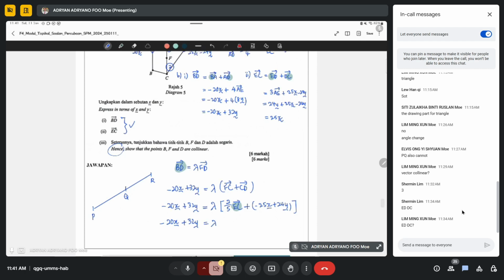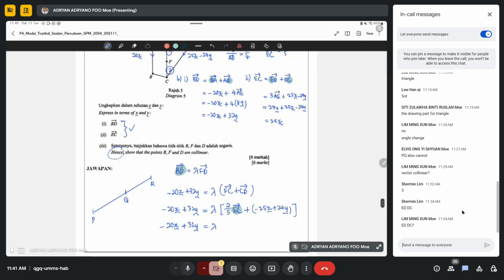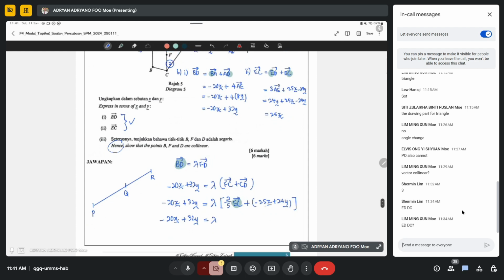For this EC, it should be fine. 2 over 5 times 25, you get 10. So here you got 10 lambda x. Then negative 25 lambda x, plus 24 lambda y.